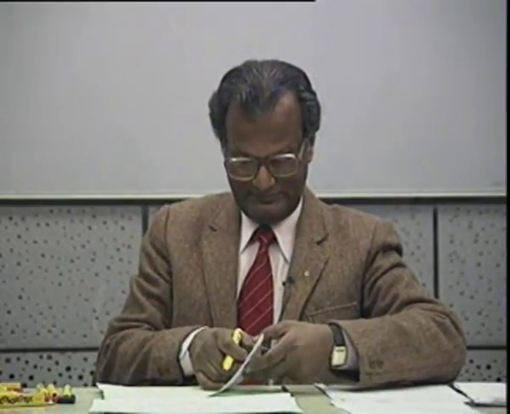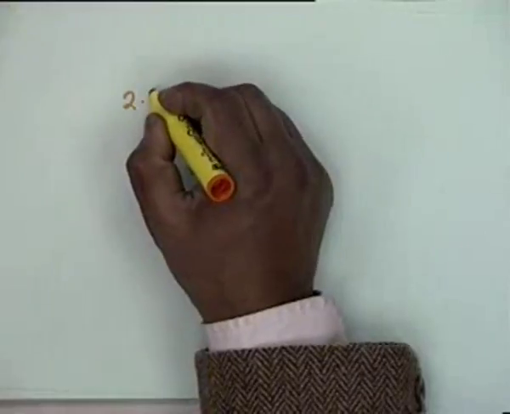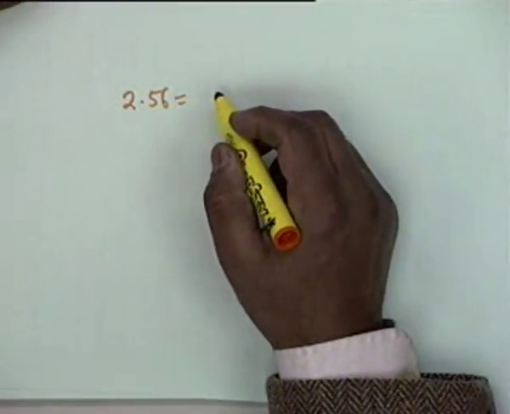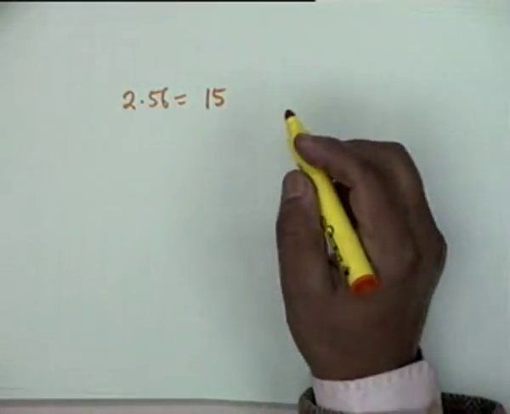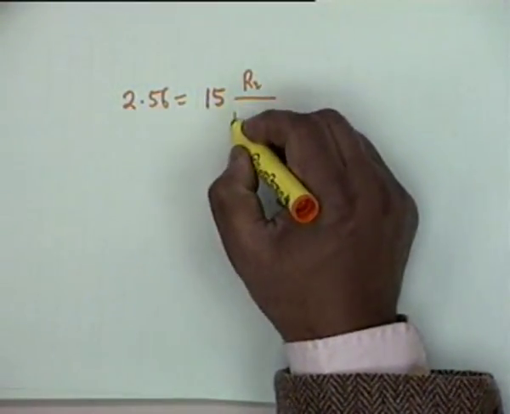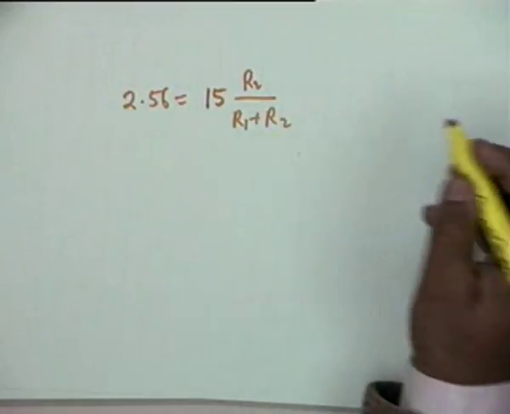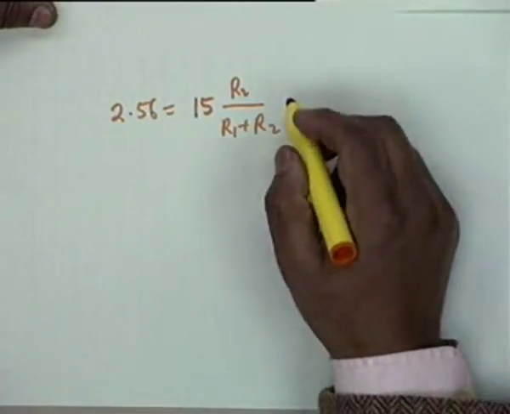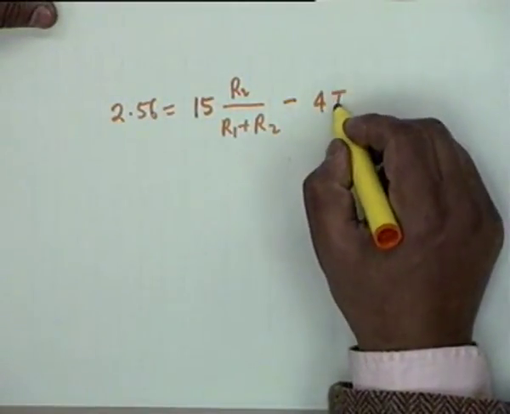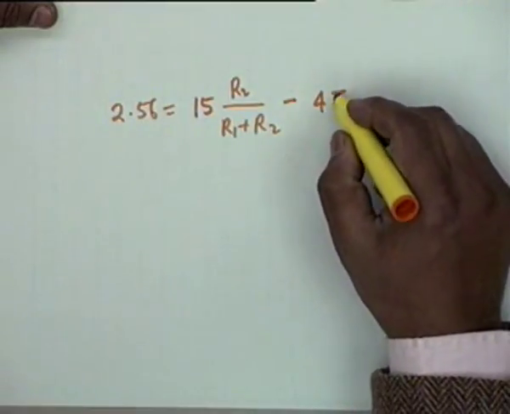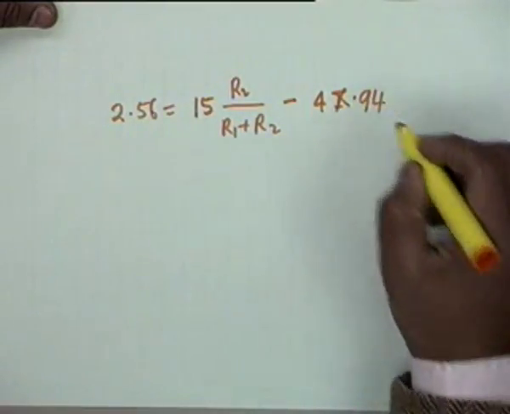Okay, let's see. 2.56 would be equal to 15 power supply multiplied by R2 by R1 plus R2, minus 4 ID, and ID is known, ID is 0.94.